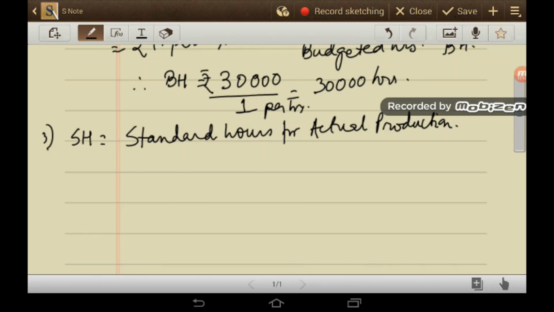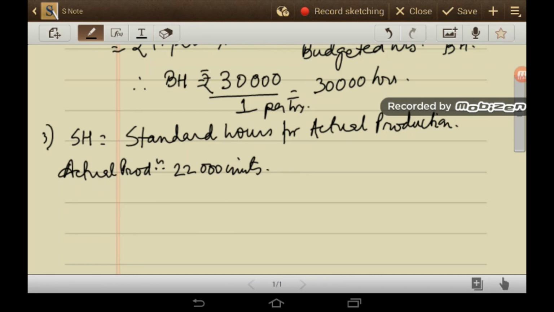So actual production is 22,000 units. It is given in the question. Now what is the standard hour for 1 unit of production? Standard hour per unit of production means what is the time required to produce 1 unit of output.